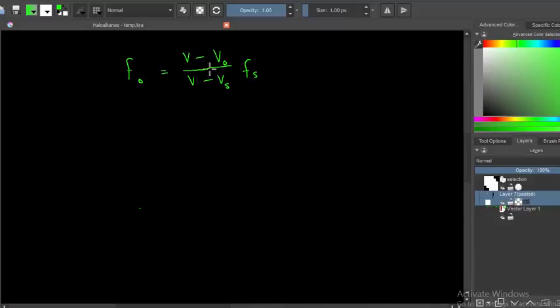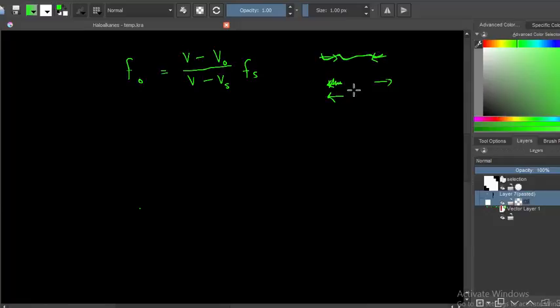Now I always use a negative in my formula, and that just helps me. Then depending on their relative motion, whether they are traveling towards each other or away from each other, that will just change the sign.